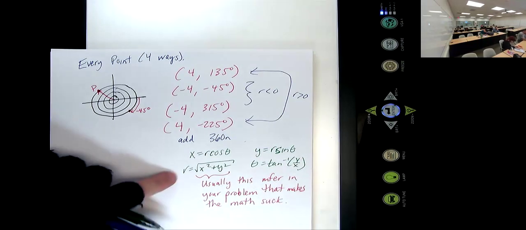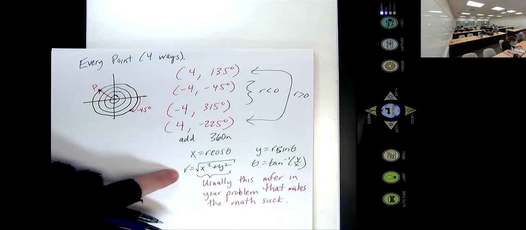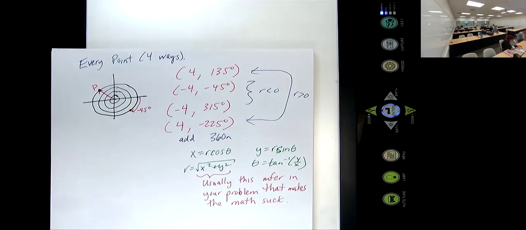But being able to write it as a single variable r is actually pretty useful. And it turns out when you're doing calculus, all of the operations work the same way, whether you're working in x and y or r and theta. There's just a little shift you have to do when you change systems.